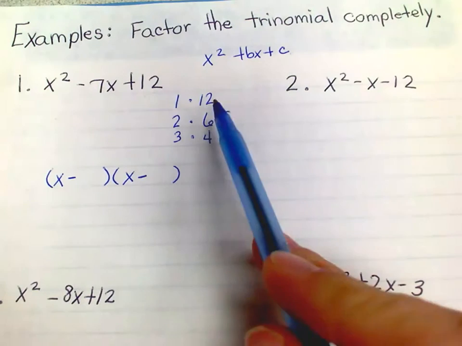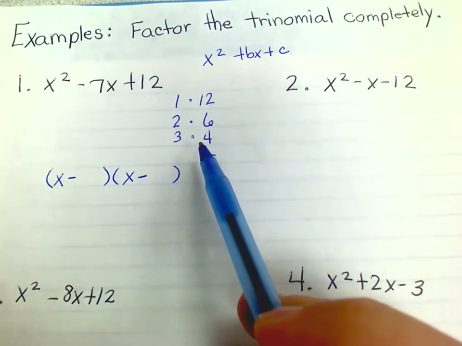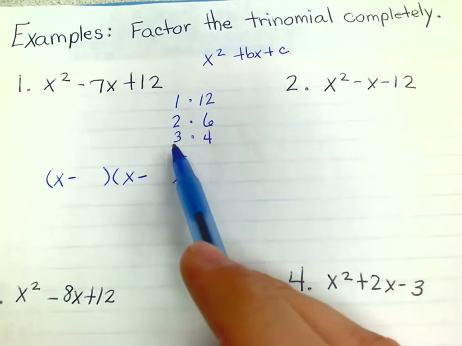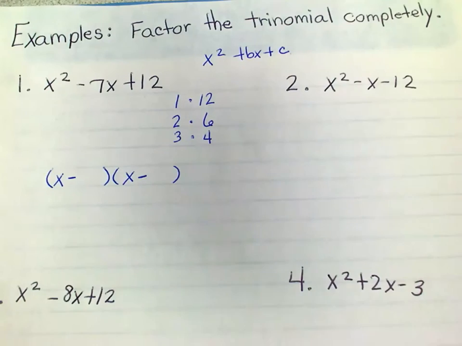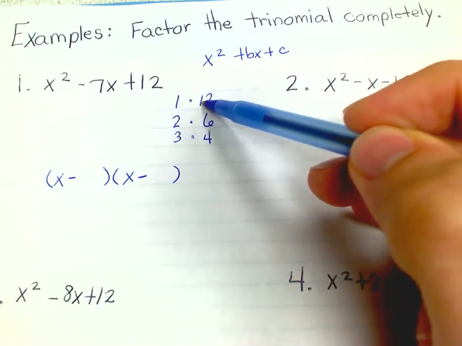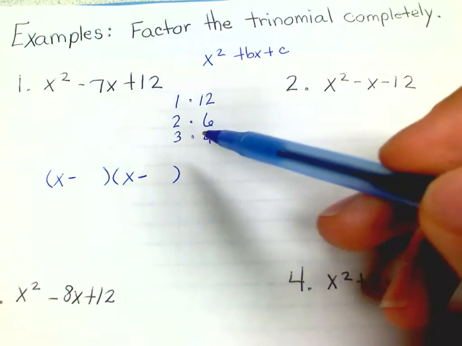So now, since we see these things will multiply to give us 12, we have to say which of these will add together to give us 7. Or if we think in the case of both being negative, which of these combined will give us a negative 7. So if we use the process of elimination, negative 1 minus 12 would give us negative 13. That is not negative 7, so we can't use that.